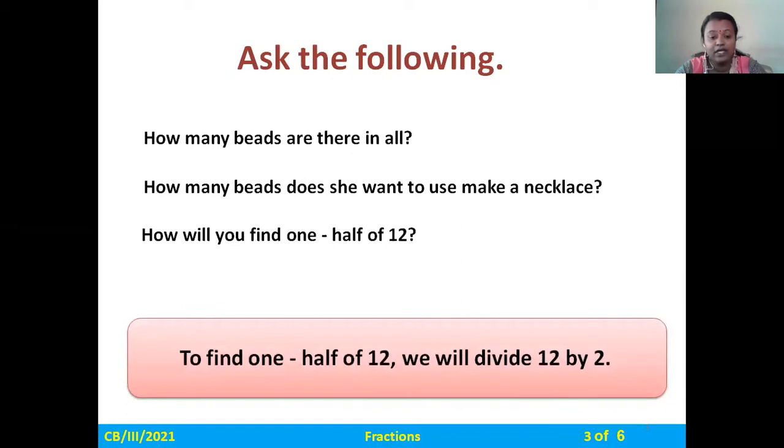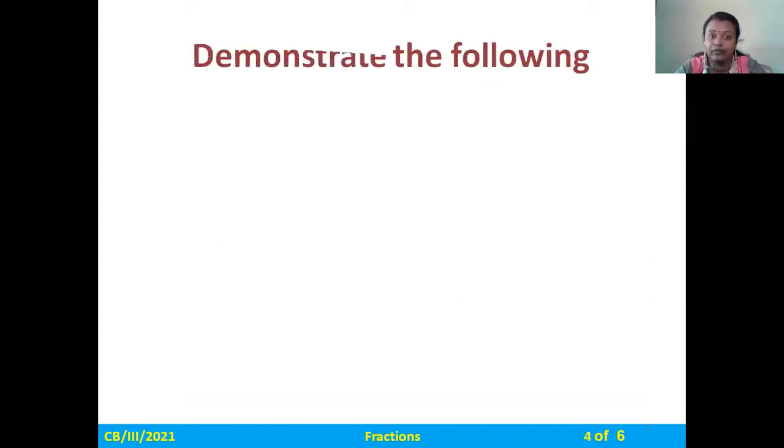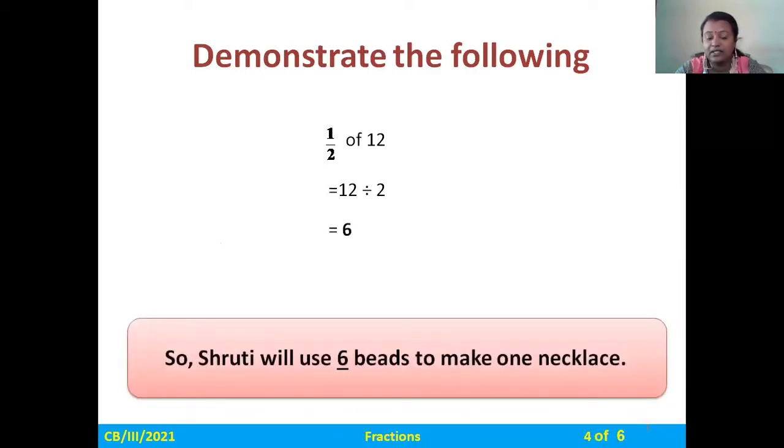Yes. We need to do one half of 12, that is divide 12 by 2. We have half of 12, that says 12 divided by 2, that is 6. That signifies Shruti will use 6 beads to make one necklace.